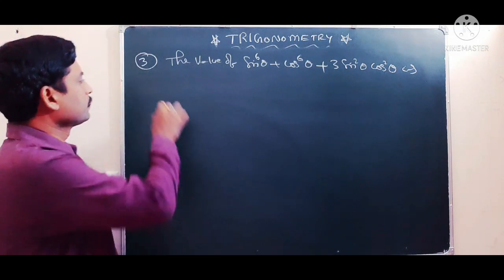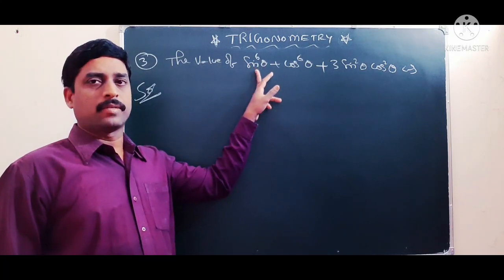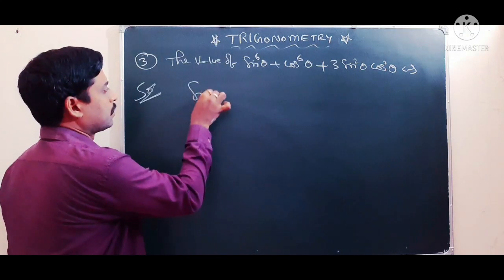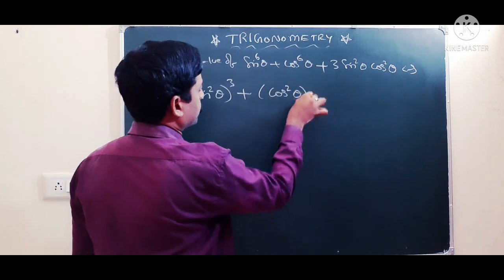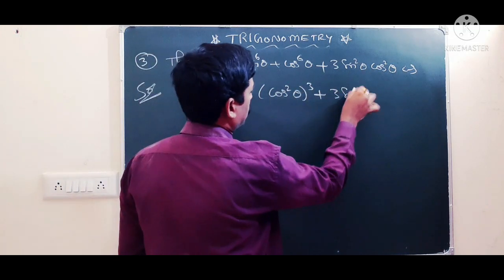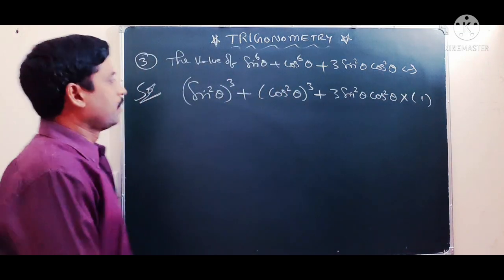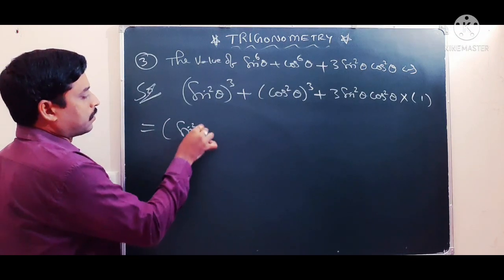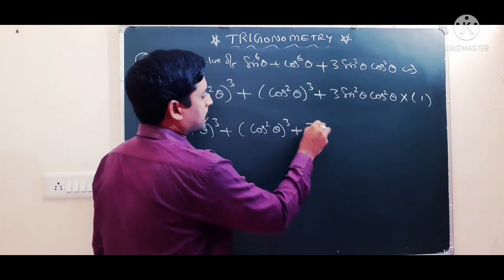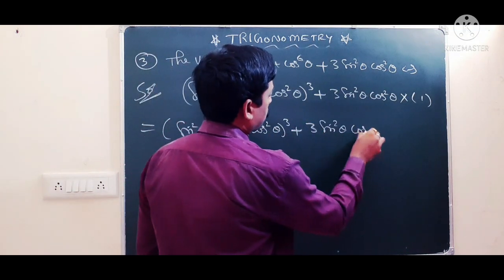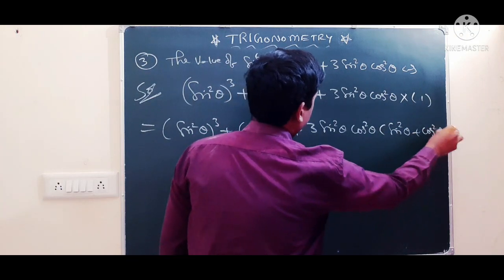Okay, sin to the power 6 can be written as sin square theta whole cube, plus cos square theta whole cube, plus 3 sin square theta into cos square theta into 1. Here in place of 1, we should write sin square theta plus cos square theta.